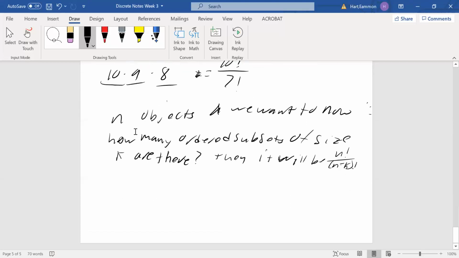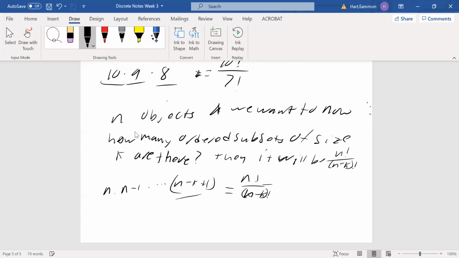Because what we're going to have is n options for our first one, times n minus 1 options, times all the way up to n minus k plus 1. So this is going to be our last option. So that's equal to n factorial divided by n minus k factorial, because we have n times n minus 1 all the way up to n minus k plus 1, times n minus k times all the way to 2 times 1.